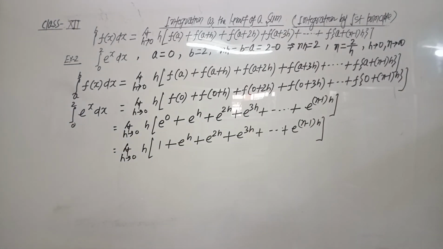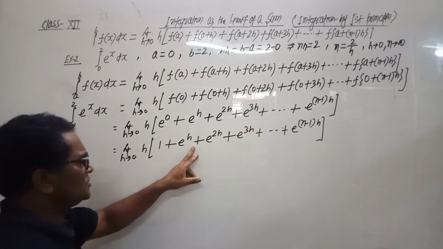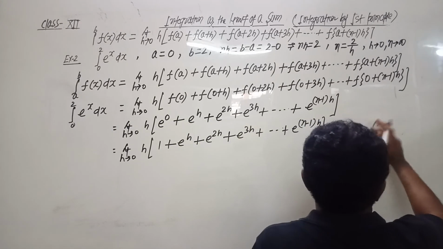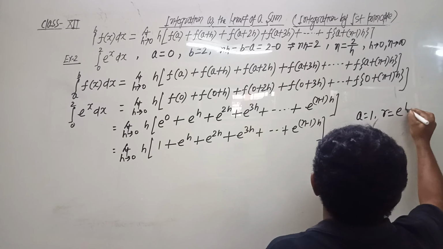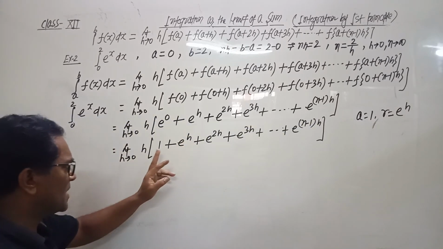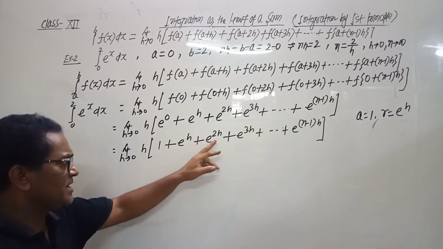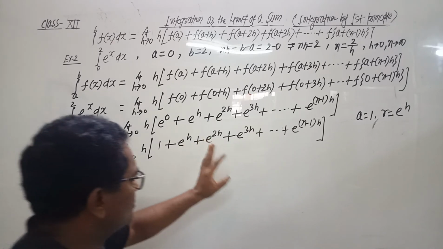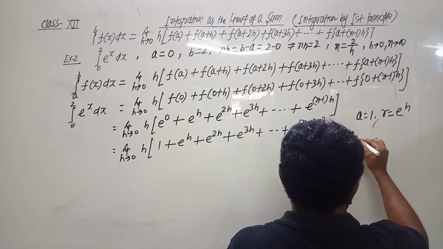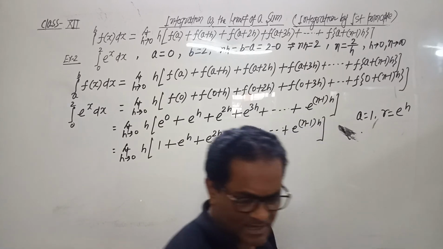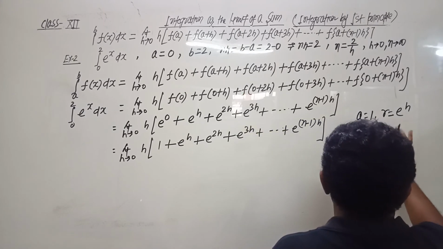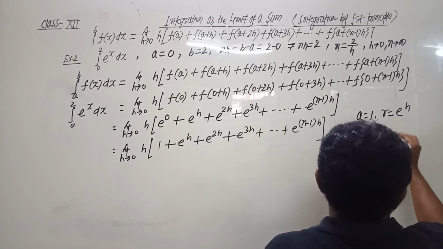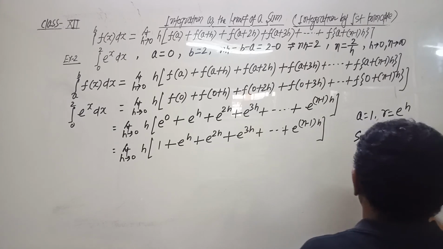This is the terms of a GP where the first term a is 1 and the common ratio r is e raised to the power h, because e raised to the power h divided by 1 is e^h, and e raised to the power 2h divided by e^h is e^h. The sum to n terms of a GP is given by Sn equals a times (r^n minus 1) upon (r minus 1).